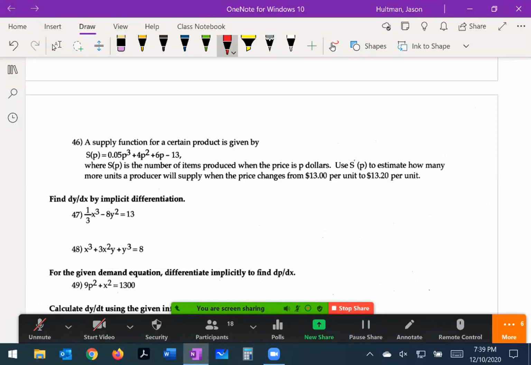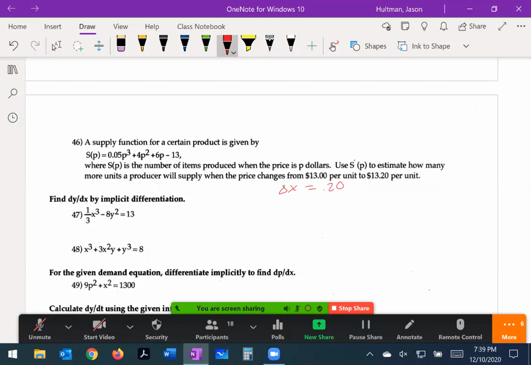Okay, so we're having a change of price. Basically this is a delta X problem where X goes from 13 to 13.20, which is a change in X of 0.20. Okay, and we're going to estimate this using our marginals.